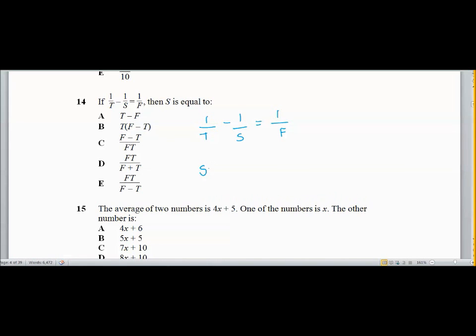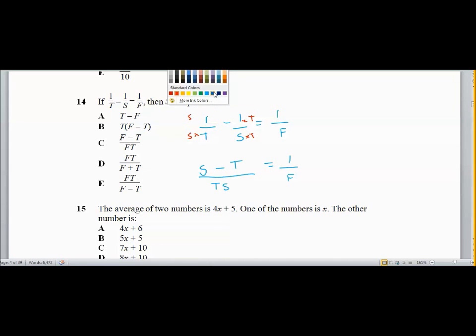So we've got S minus T over TS is equal to 1 over F. And all we're doing there is multiplying this fraction by S, this fraction by T, T on T.